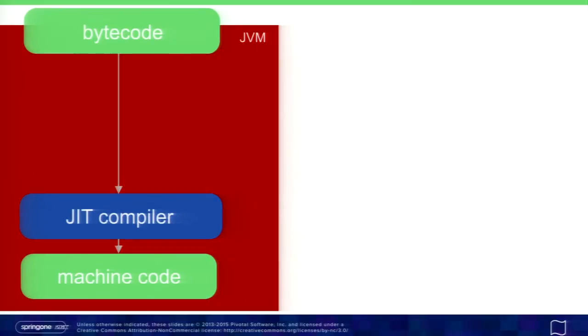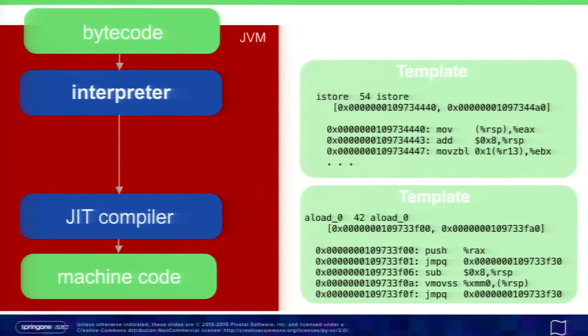Now, there's actually a little more going on here in the JVM. One, we have an interpreter. The interpreter is what first starts off reading and executing your bytecode. And the interpreter in the JVM is actually pretty intelligent. It's a template-based interpreter. So what does that mean? Well, it essentially means that there are these templates, and I like to think of templates as a mapping from your bytecode to the assembly code for that bytecode.